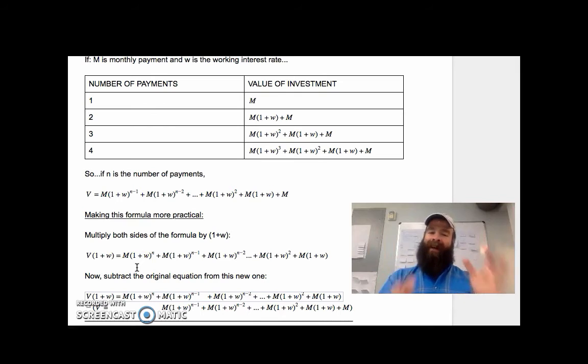But if you look at all those middle terms, the N minus 1s, the N minus 2s, all the way down to the squares and just the plain 1 plus W's, when I subtract the equations from each other, those are all going to go away.